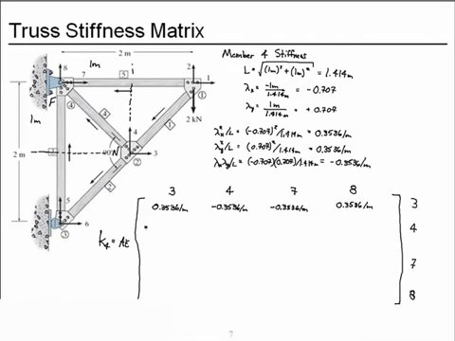The lambda x lambda y, negative 0.3536 per meter. Lambda y squared, negative lambda x lambda y, and so the negative signs cancel, and a negative lambda y squared.